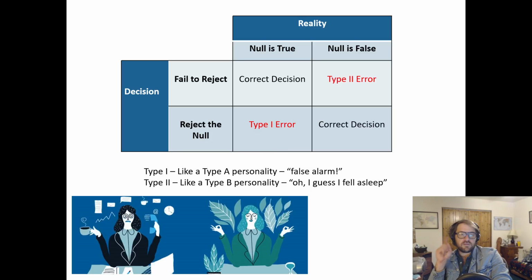You failed to reject the null hypothesis, which means you maintained innocent. So you let a guilty person go free because you're protecting the innocent people from going to jail. It's a type 2 error.